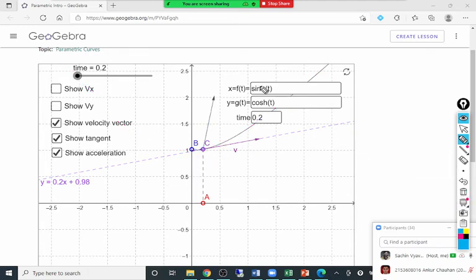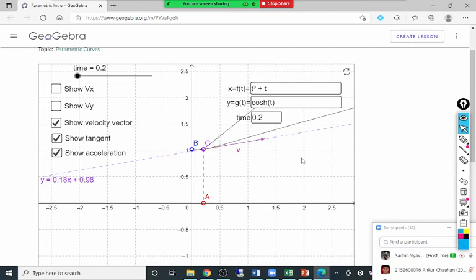Now lastly, some random curve, let me draw it. Let me take any random curve here. Let me take x equal to t cubed plus t, and let me take y equal to just t.